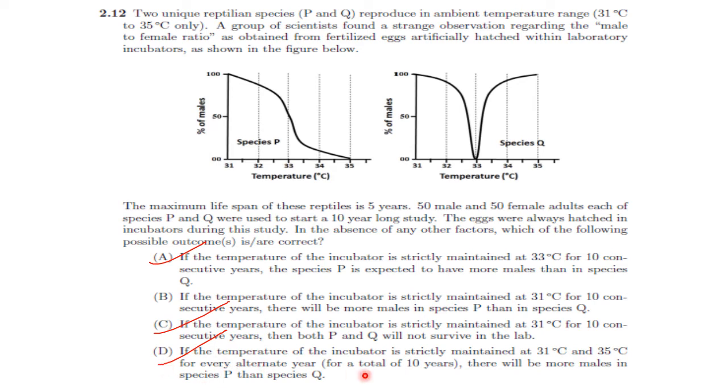Then the next one: if the temperature of the incubator is strictly maintained at 31 degrees Celsius and 35 degrees Celsius for every alternate year for a total of 10 years, there will be more males in species P than in species Q. At 35 degrees Celsius, there are no males in species P, and there will be 100% females in species P. At the same temperature, there are 100% males in species Q but 0% females.